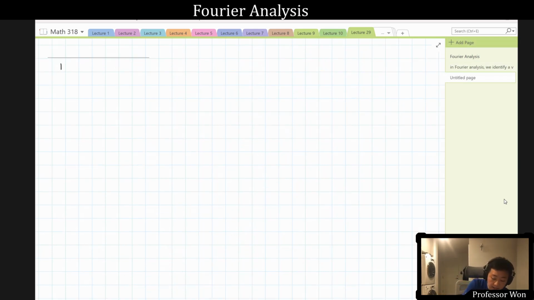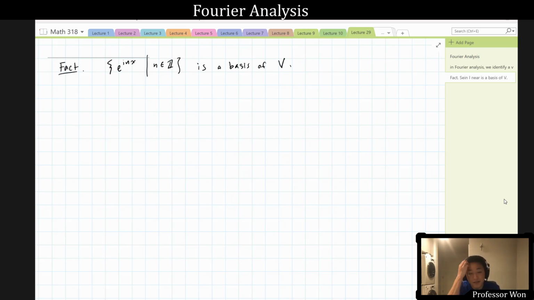So, fact: if you take this set of functions, e to the i n x, where n is an integer, this is a basis of V. It's, of course, a very infinite basis. It's even sort of doubly infinite, right? You can go in either direction, but they form a basis of V, which means they're linearly independent, and every function can be written as a potentially infinite linear combination of these basis elements.